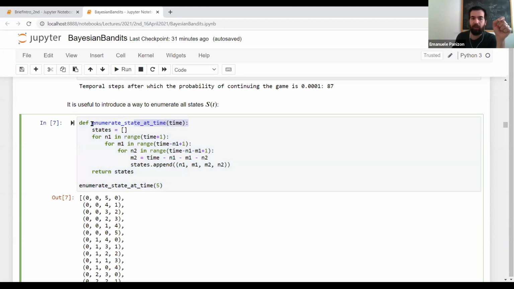Say I want to enumerate all the states in which the sum is 5. Let's keep track of the states, going through all the states up to the number there, because the sum has to be 5.